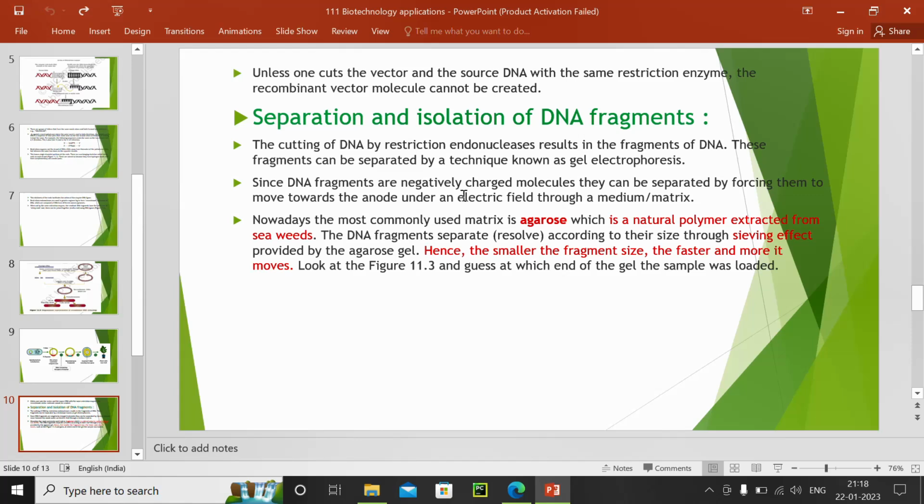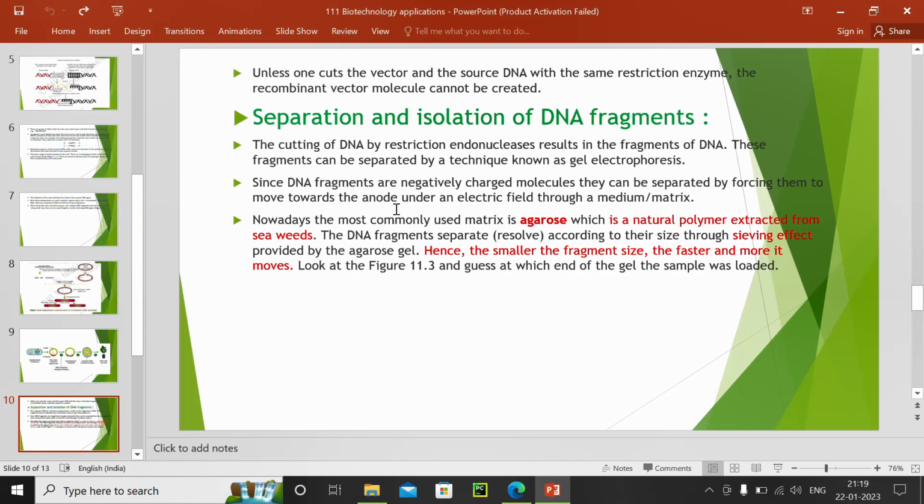Since DNA fragments are negatively charged molecules, they can be separated by moving them towards the anode under an electric field through a medium or matrix. DNA contains a negative charge on its phosphate group, that is the PO4 group, and this negatively charged DNA molecule is allowed to move towards the anode.